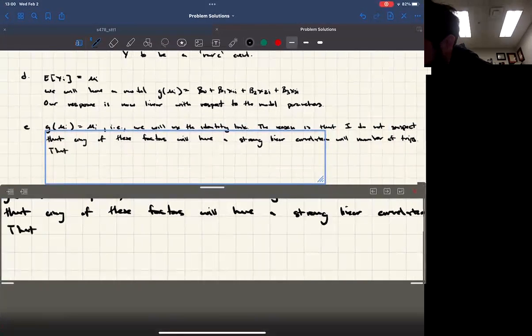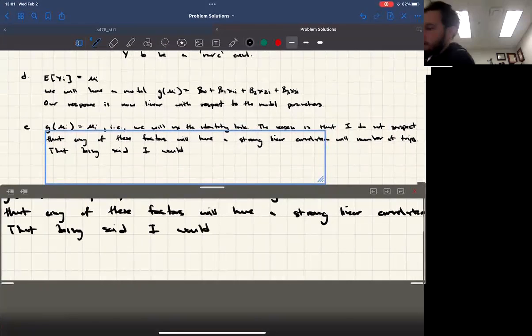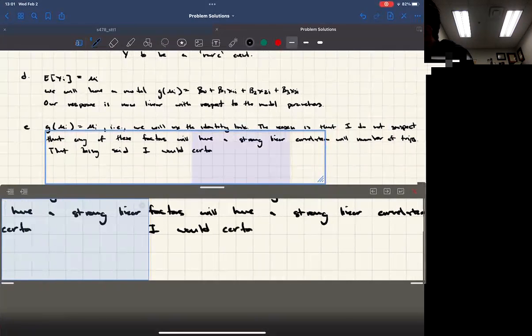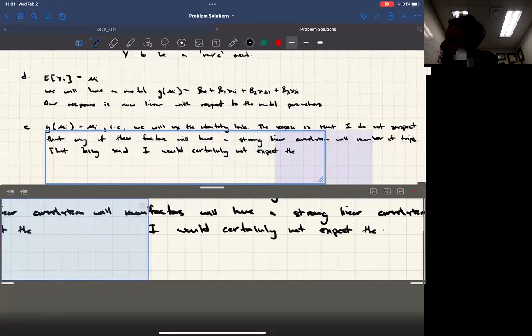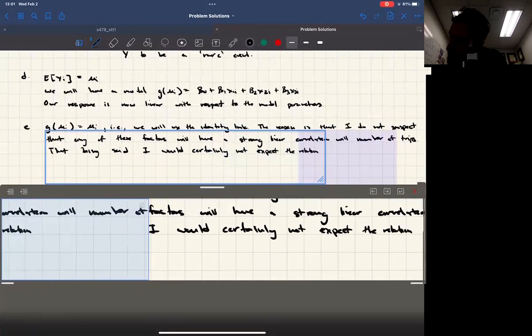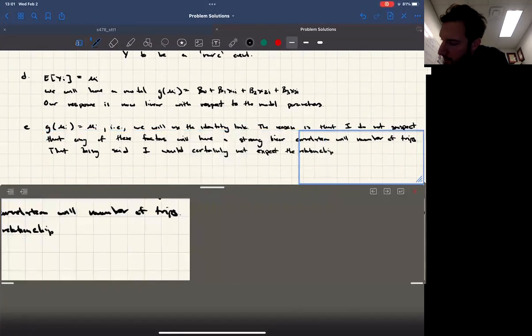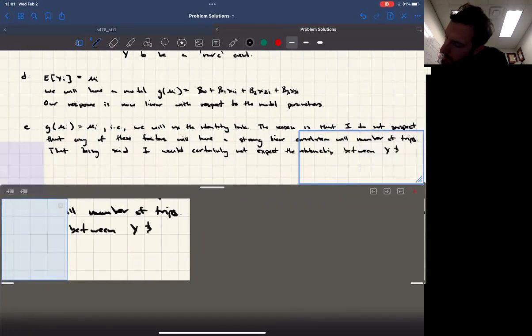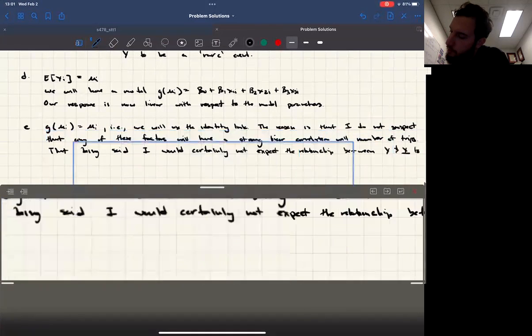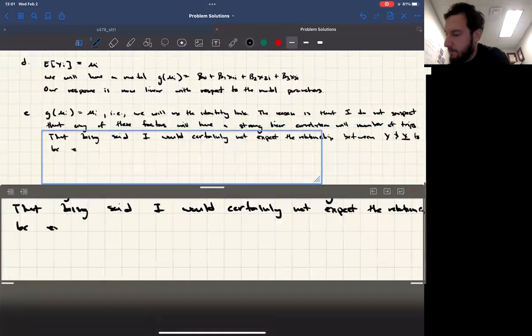That being said, I would certainly not expect the relationship between Y and X to be exponential.